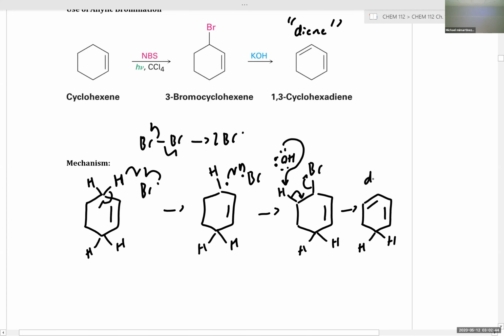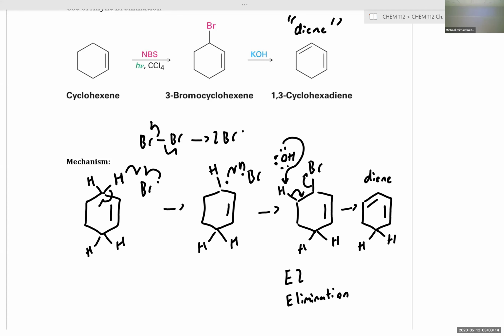And that in turn generates a diene. This second reaction is known as an E2 reaction or an elimination reaction. We'll be seeing a lot more elimination reactions later on in this chapter. Any questions so far on the preparation and uses of alkyl halides?